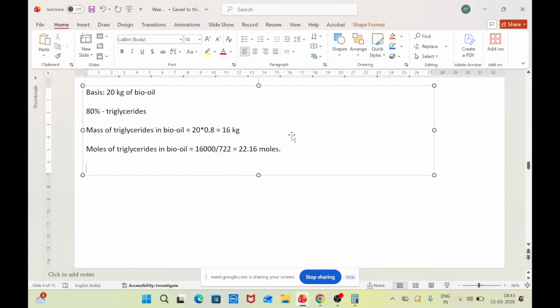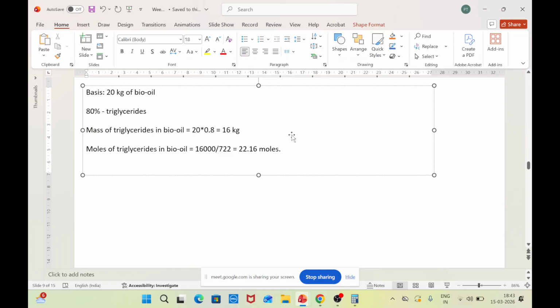Now we know the moles of triglyceride in bio oil. Once you know this, you can calculate the moles of glycerol, and once you know moles of glycerol, then you can calculate the weight of glycerol. Once you know that, you can calculate the weight of the soap that is formed.